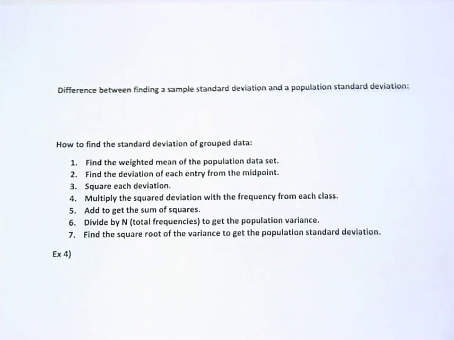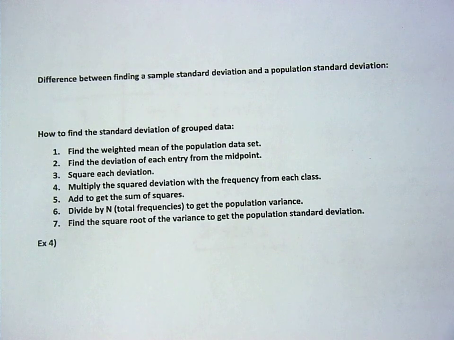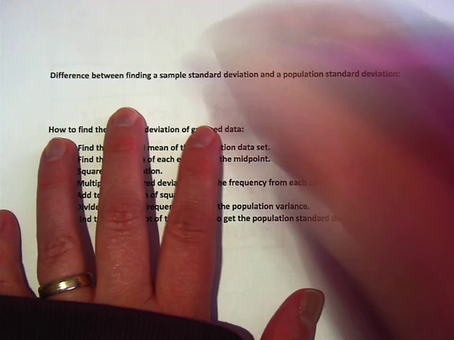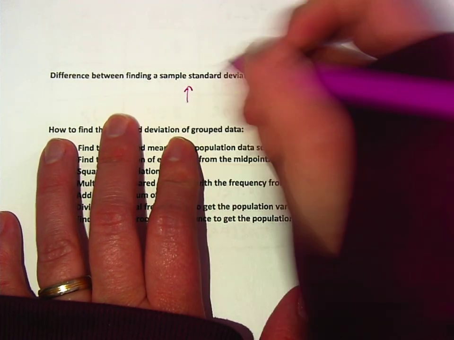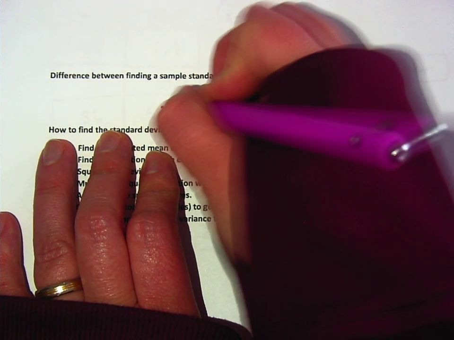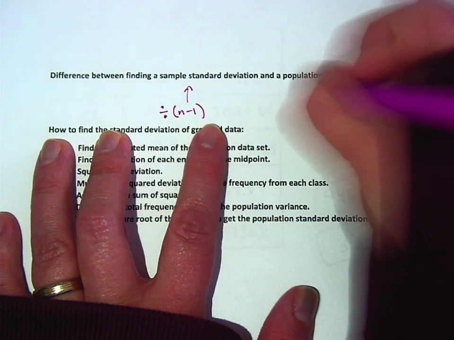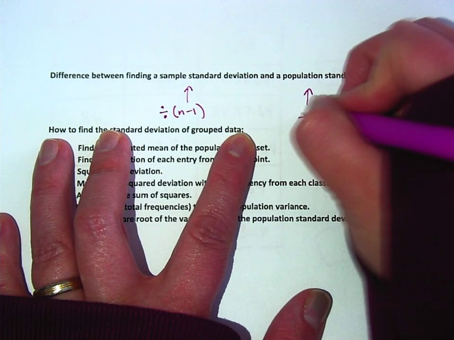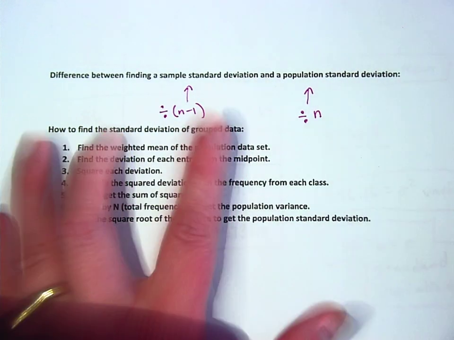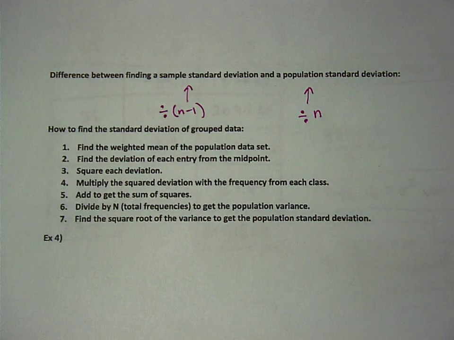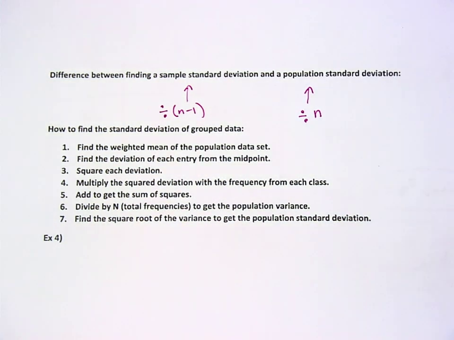The difference between finding a sample standard deviation and a population standard deviation is that on a sample standard deviation, you divide by n minus 1, whereas in a population standard deviation, you divide by just n. That means that on a population standard deviation, we're dividing by, in the past example, 5. And in a sample standard deviation, I'm dividing by n minus 1, which is 4.